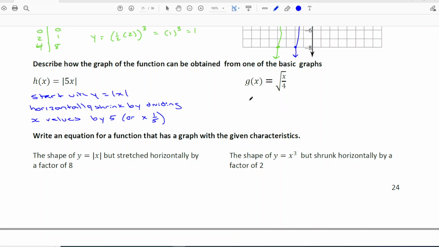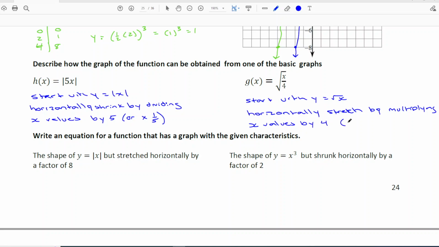All right, give this one a go. Maybe pause the video. This one we are going to start with y equals the square root of x, and then we are going to horizontally stretch by multiplying the x values by 4, or dividing by a quarter, right?